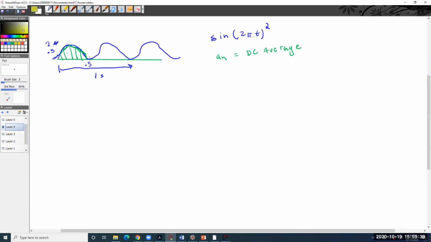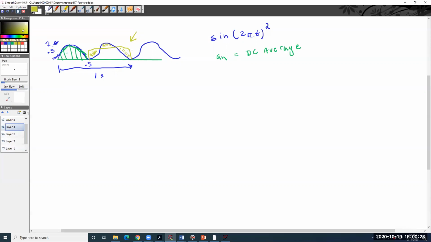But the thing is I could do one rectangle, right? And notice that in here, that rectangle is too big. That's my error. And then over here, my rectangle is still too big, and that's the error. And then here, my rectangle is too small, and that's the error. Now, if I draw my rectangle properly, the error that's too big would equal the error that's too small, and then the errors would cancel out.